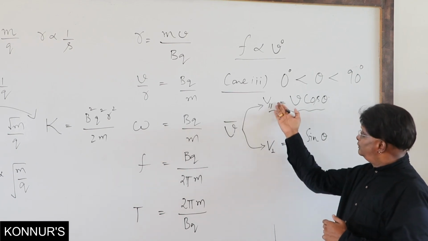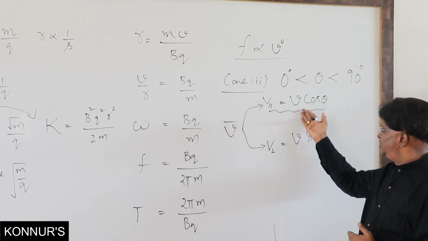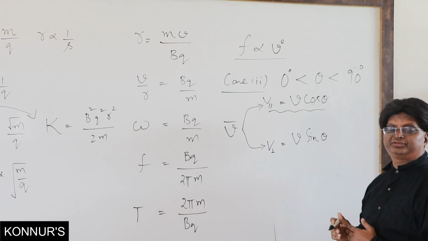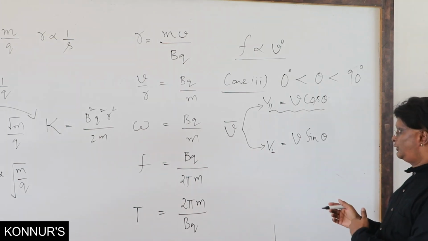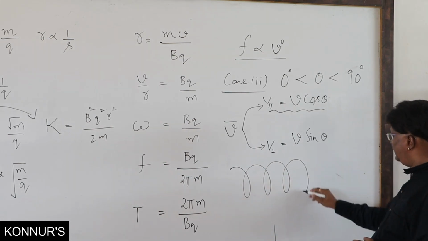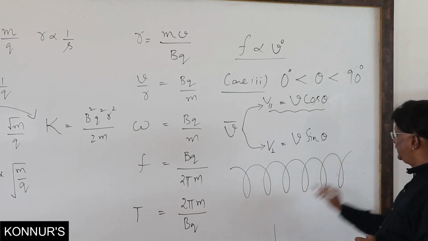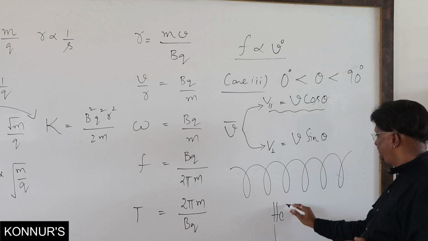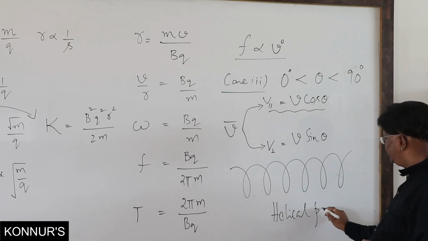So now there are both the tendencies of straight line motion and circular motion, therefore it's a combination. As a combination, what we observe is that the path becomes a helical path, spiral path you can say, helix you can say.